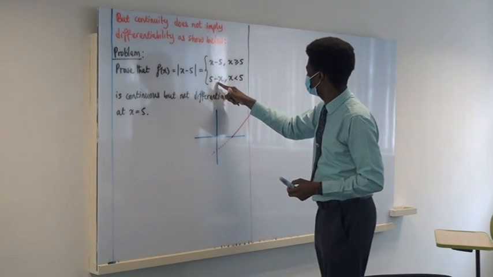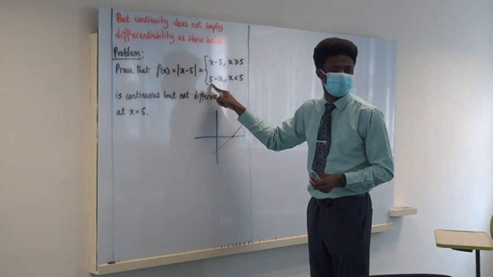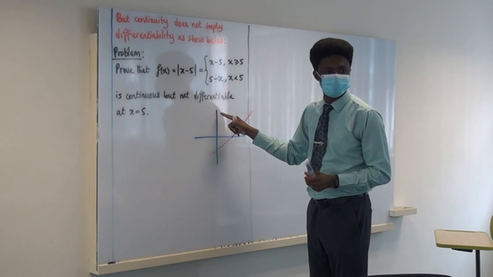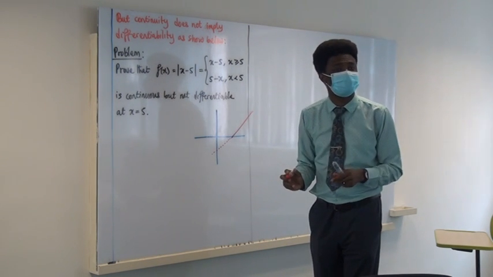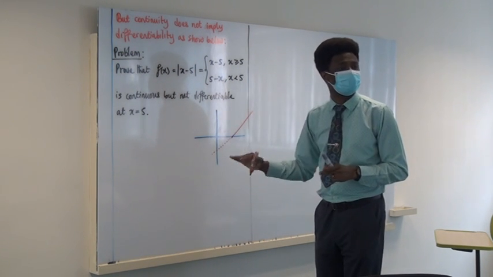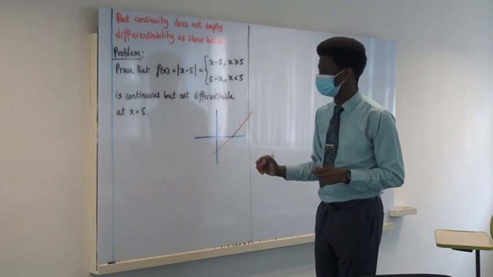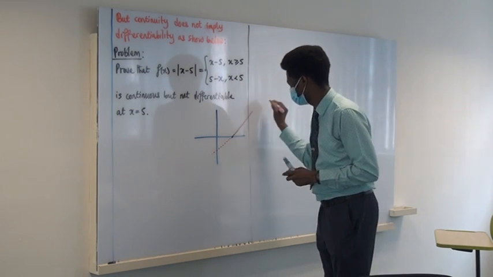And for the other one, you're having a negative gradient with an intercept of 5 on the y-axis. So it's like a mirror. And if you know the absolute value function that we did in topic 1, you know it's going to be a mirror, a reflection. Understand? So this point here is part of this one.